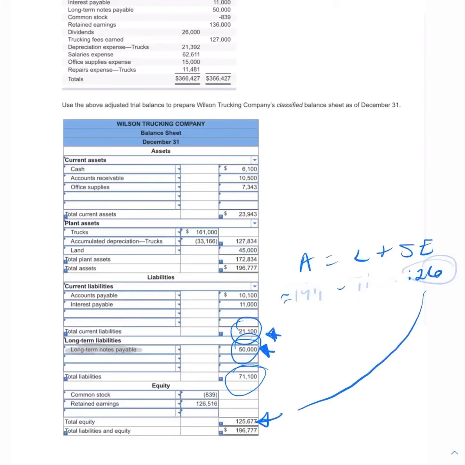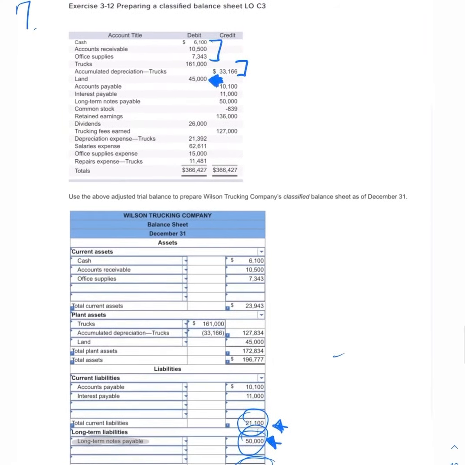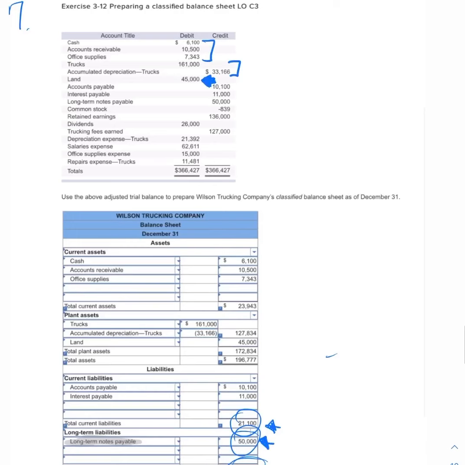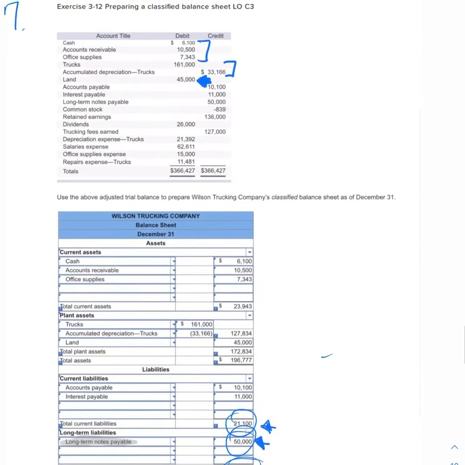Now, what you're then going to do down here is pull out those equity accounts. The very first one that you see is the common stock account. In this case, they tell us that the common stock account was $839. Now let's see here.